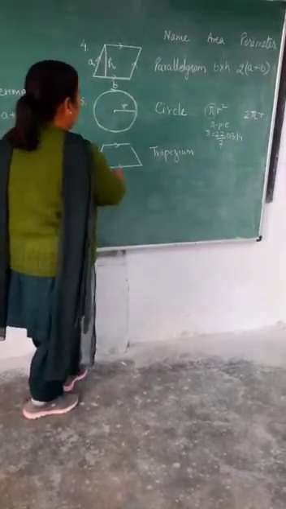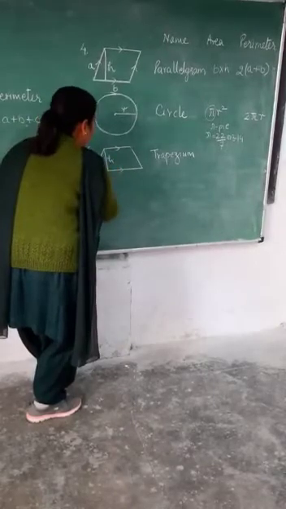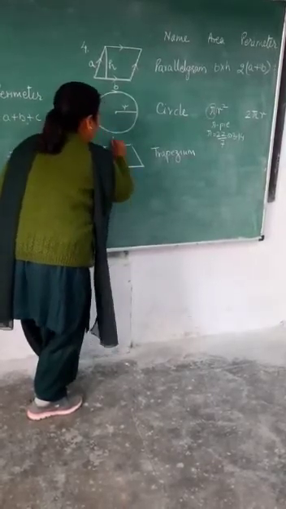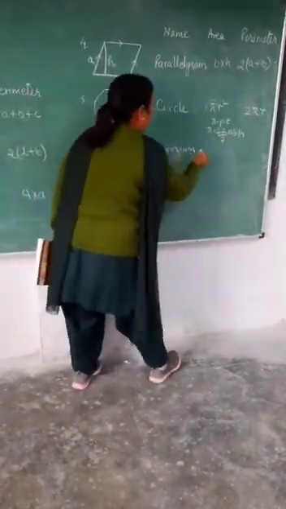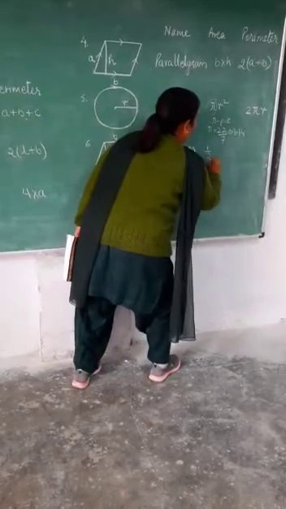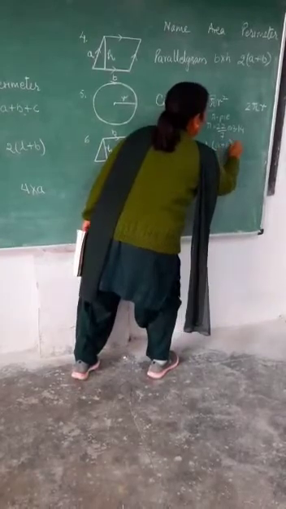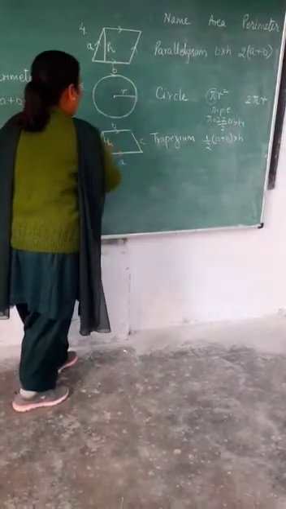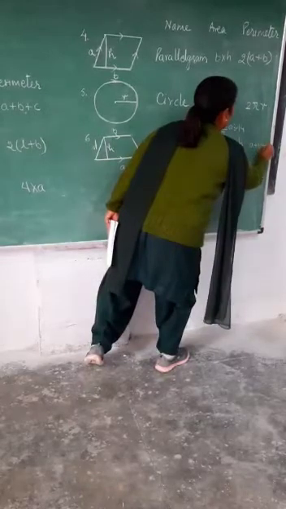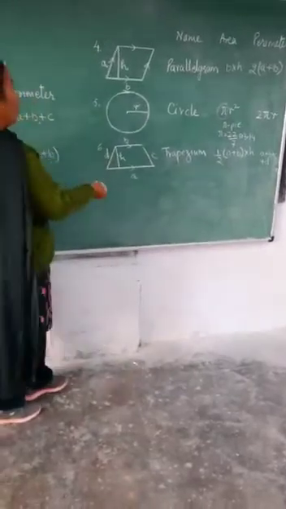If this is the height of the trapezium and A and B are the two parallel sides, then the area of this trapezium is half sum of parallel sides, that is A plus B, multiplied by height. And the other two sides are C and D, then the perimeter will be equal to A plus B plus C plus D.